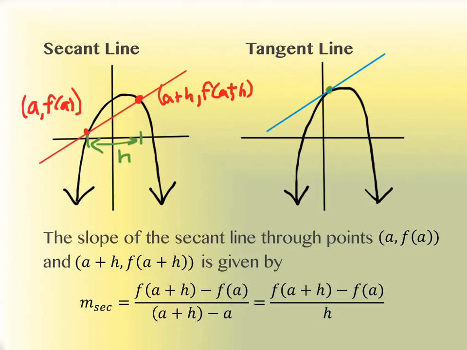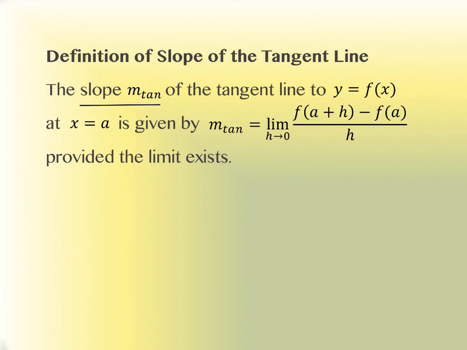Well, what happens when we're working on a tangent line, and I'm about to switch to the next slide, is we want those 2 points from the secant line to simply get really close together. If those points were really, really close together, they would be getting awfully close to the same 1 point, the point that I've called the tangent point there, right? So if we're taking a look at the definition of the slope of the tangent line, we have that same f of A plus h minus f of A over h.